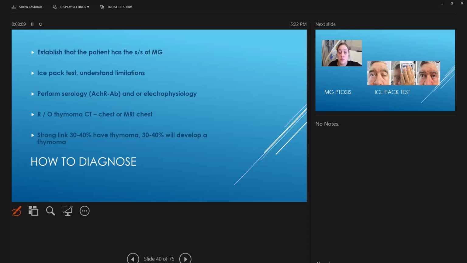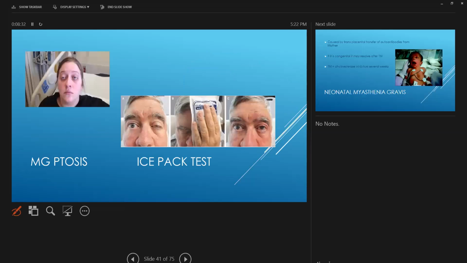There's a strong link between thymoma and myasthenia gravis. 30 to 40% of people with myasthenia gravis will have a thymoma, and of those who don't, 30 to 40% will develop a thymoma. So they're thinking that this is, remember, T cell mediated. So the T cells are born in the thymus. So they're thinking there's definitely a link there.